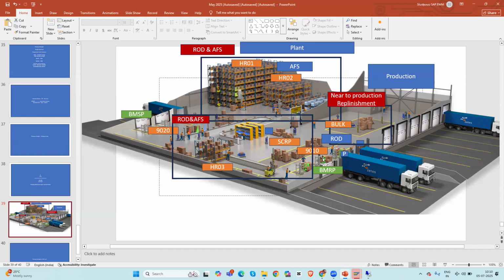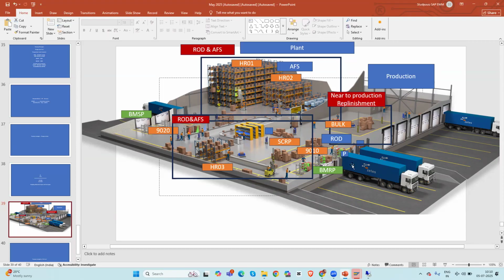Doors. The entry of stock, the entry level. Yes, but how does the system know this? Shipping point or receiving point, that is in the ECC. Shipping point and receiving point are in ECC. Up to where you get the truck to the respective location, ECC will control. There is no problem. But docking, which door?